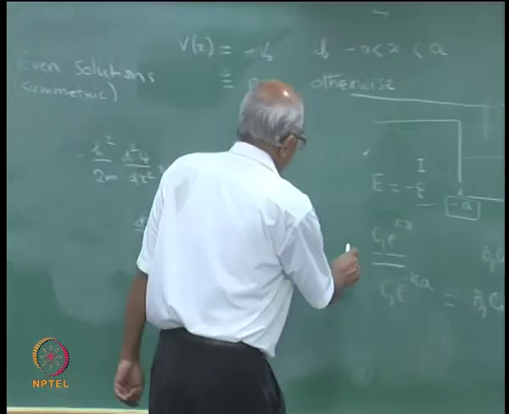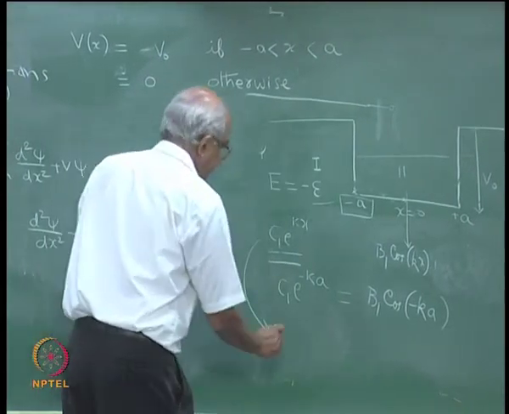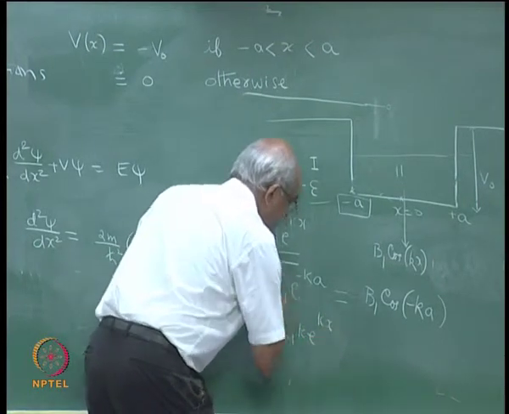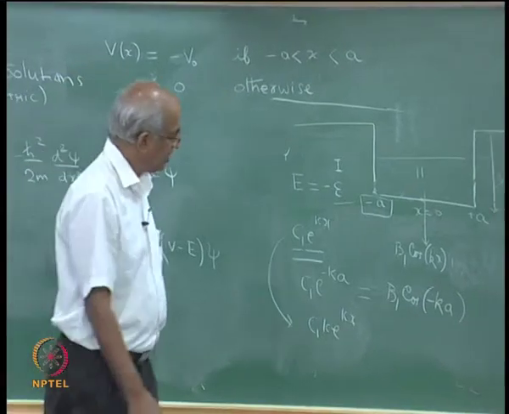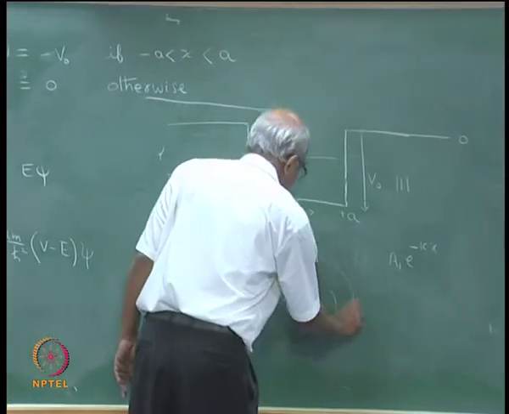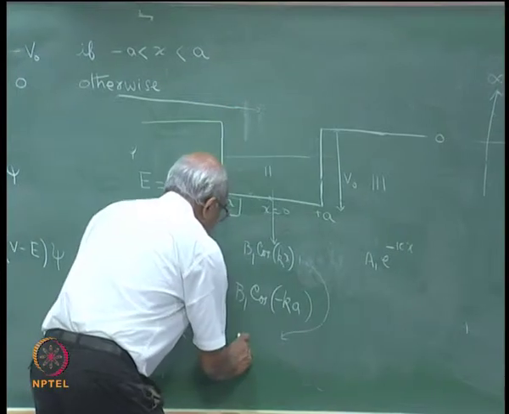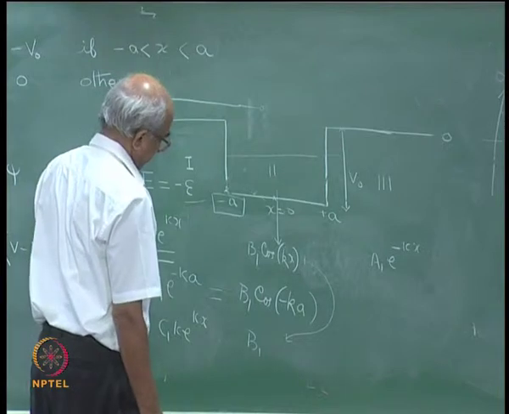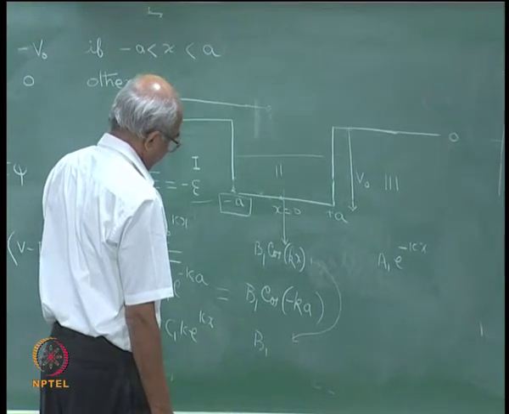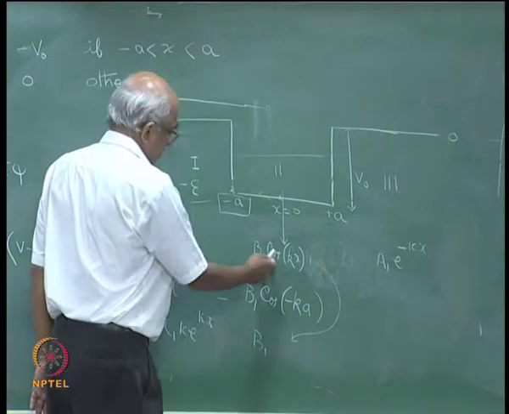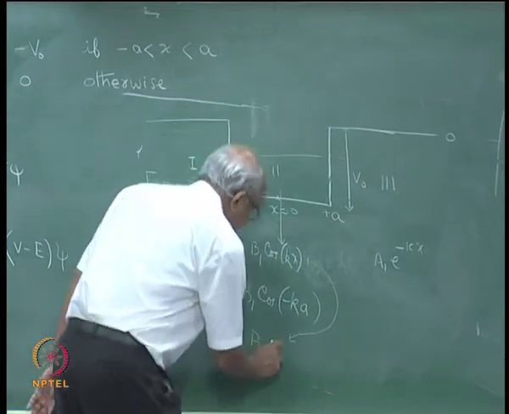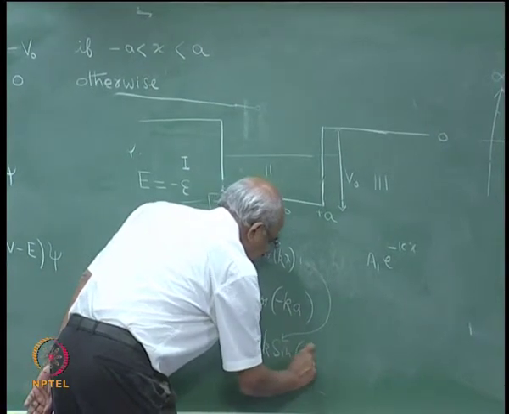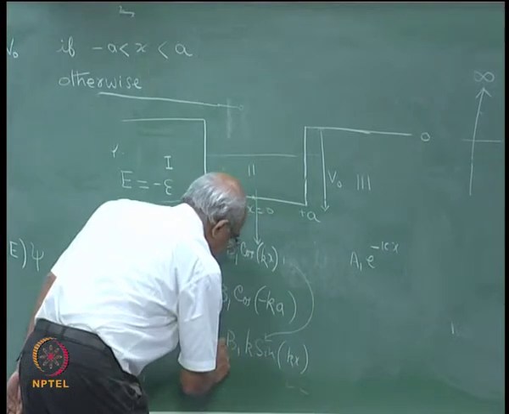So, how will you calculate the derivative? Well, the derivative of this function with respect to x will be C1 kappa e to the power of kappa x, that will be the derivative, and the derivative of this function will be B1 times the derivative of cosine kx. What is the derivative? The answer is k sin kx with a negative sign.